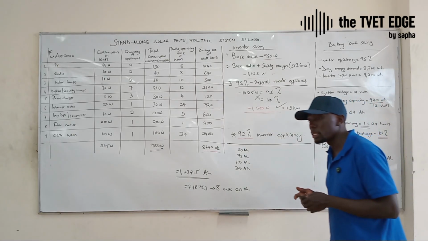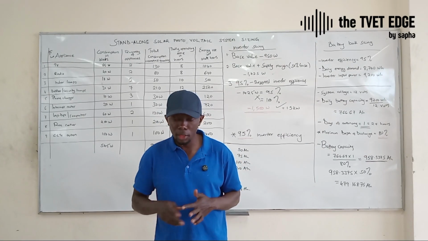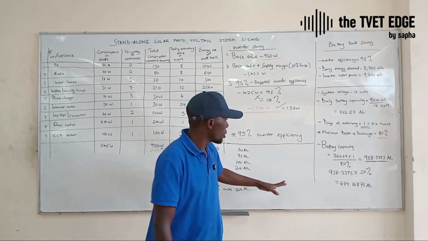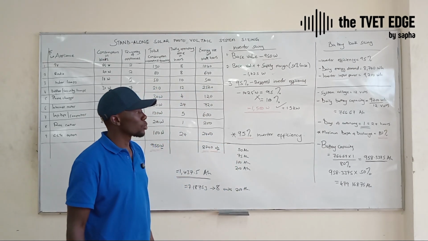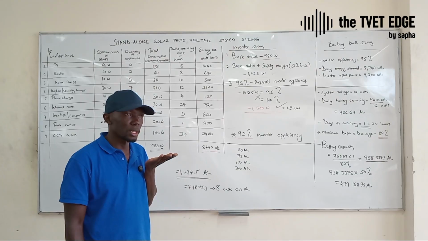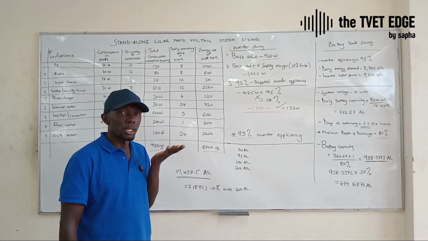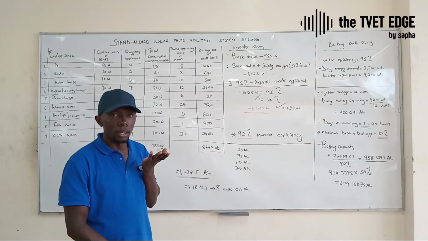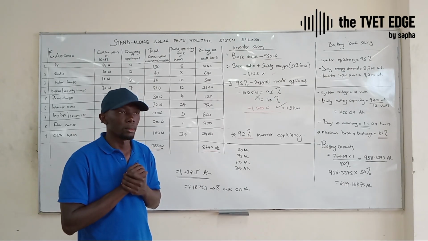More charge cycles means that every evening, when your battery is at 100%, in the morning it's at the lowest it can be. So if the lowest in our case is 20%, it means every evening your battery bank is at 100%, every morning it's at 20%. What does that do to your battery banks?